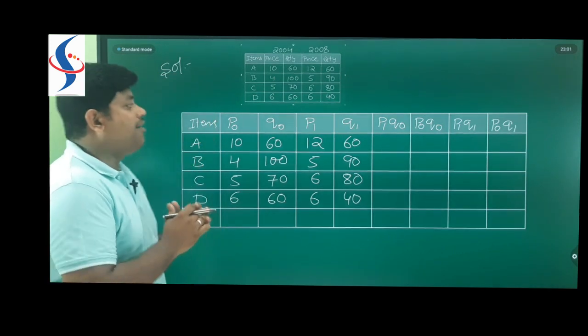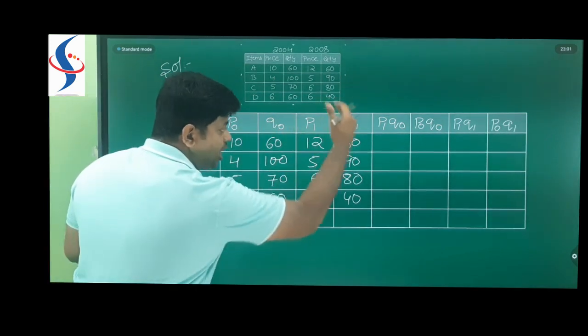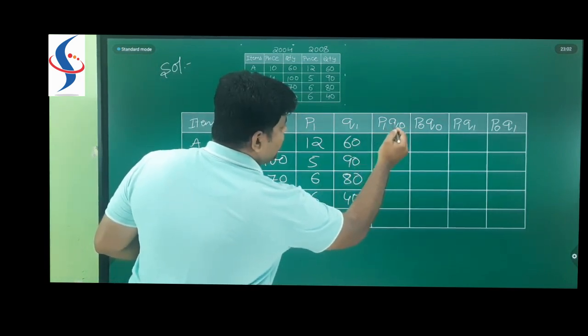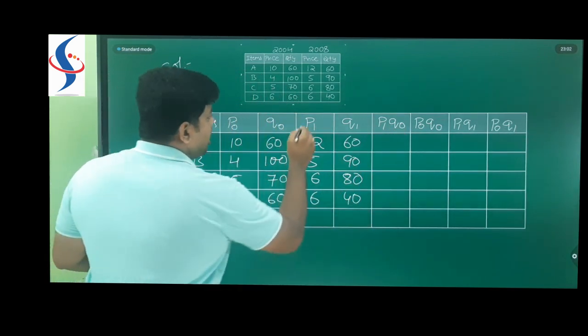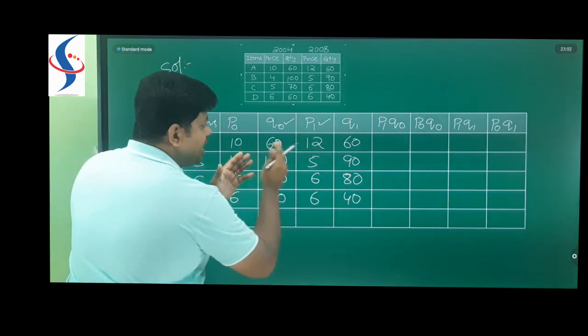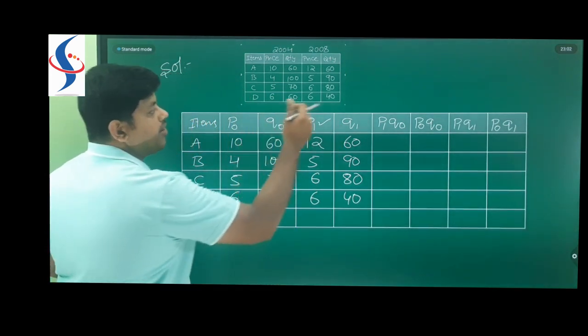Next, our job is to multiply and write down the values. The first column is P1 Q naught. We have to multiply these two and then write down.